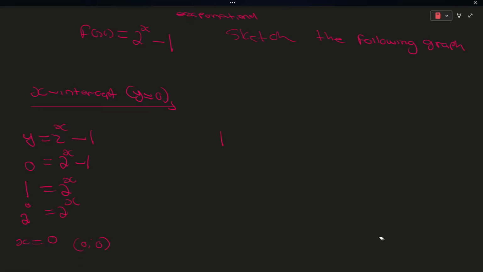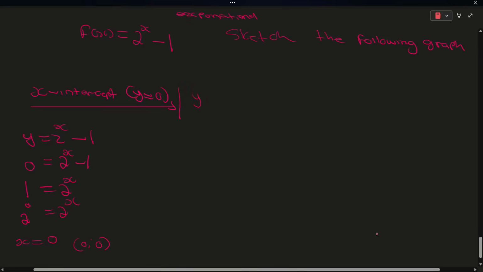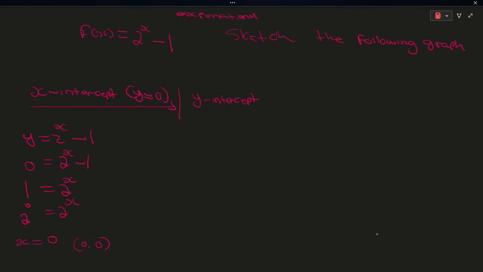Now we move on and we're calculating the y-intercept. And for the y-intercept, let me remind you, we let x to be 0. So my equation says y is equal to 2 to the power of x minus 1.